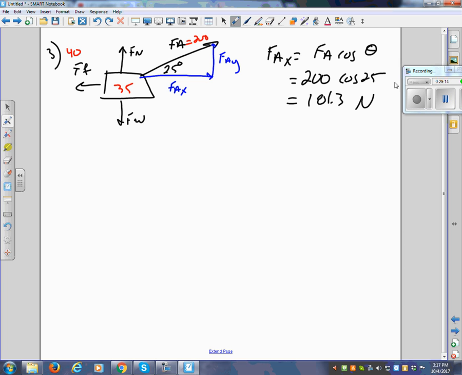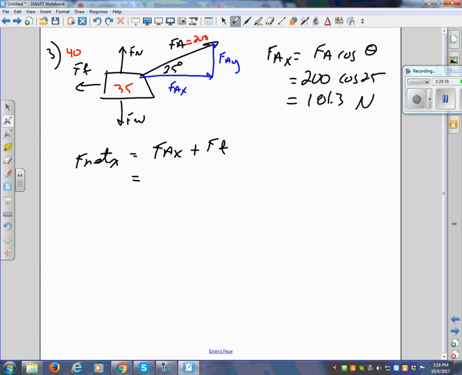So the F net, now really you should be thinking about F net X, which just means the sum of all the X's. It's just a label. So that's going to be FAX plus FF, right?